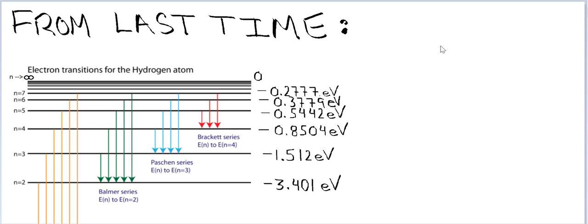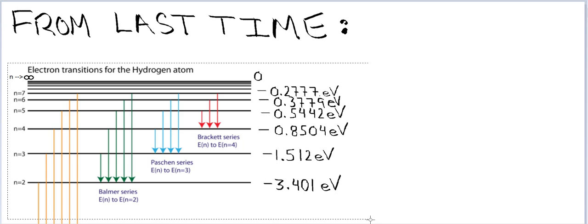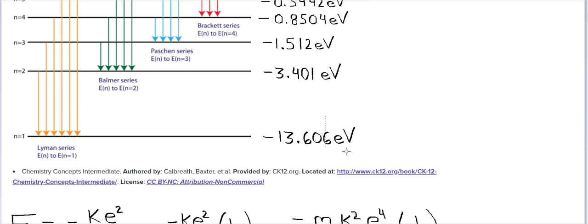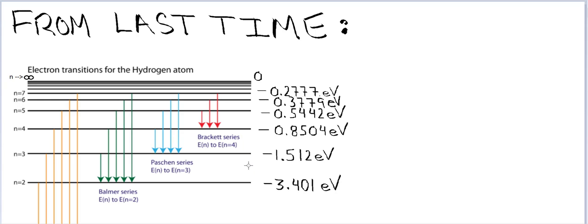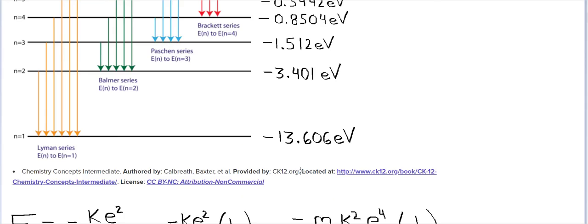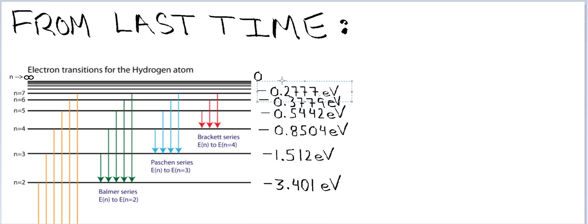Okay, so I wanted to pick up where we left off last time. And so you probably recall that when last we met, we had used the Bohr model of the hydrogen atom to determine the ground state energy and the energy of each of the successive allowed energy levels, slowly increasing up to a value of zero.